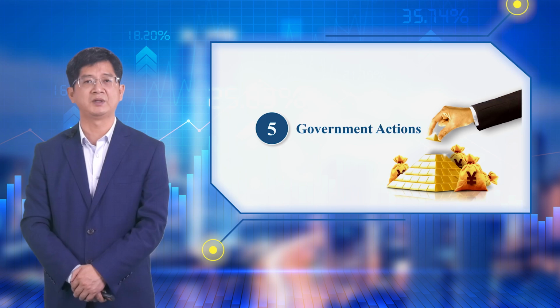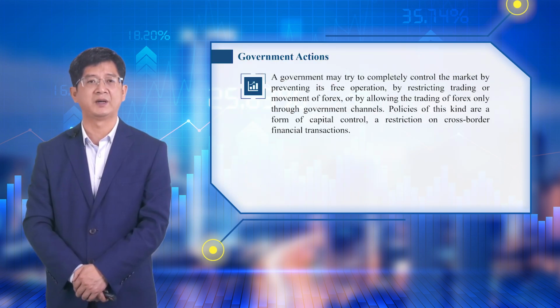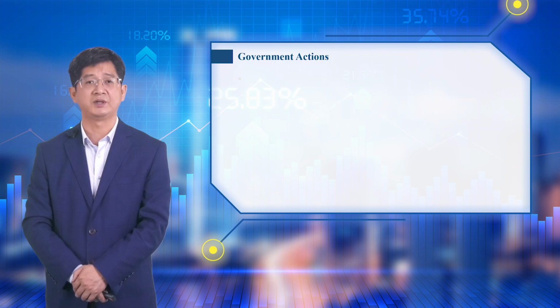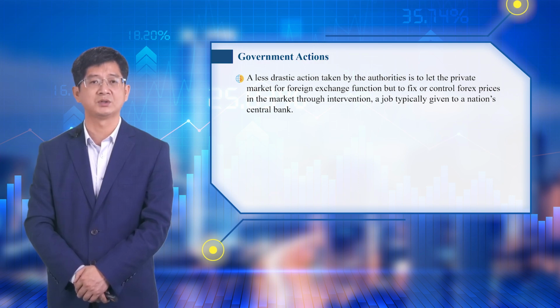2.3.5 Government actions. A less drastic action taken by the authorities is to let the private market for foreign exchange function, but to fix or control forex prices in the market through intervention, a job typically given to a nation's central bank.